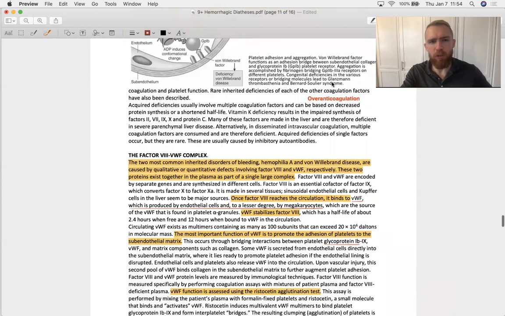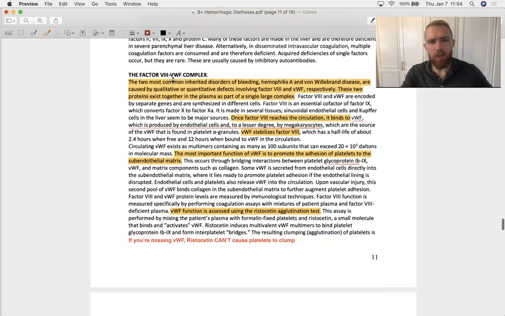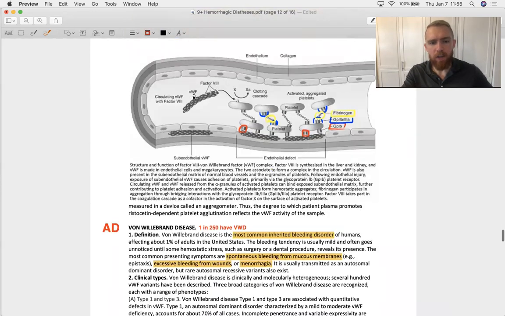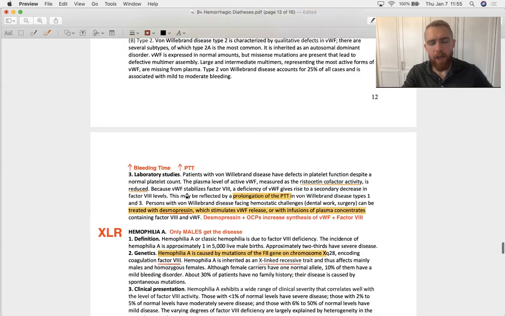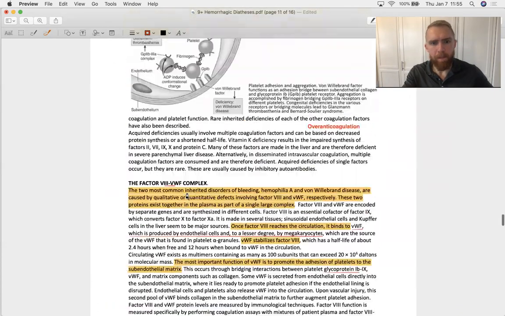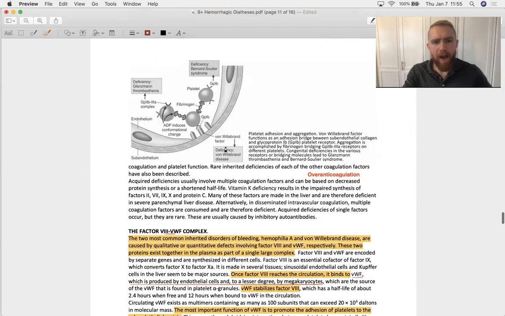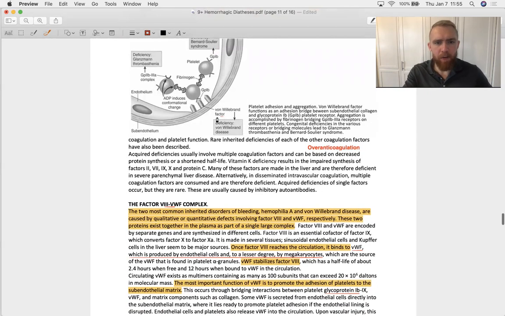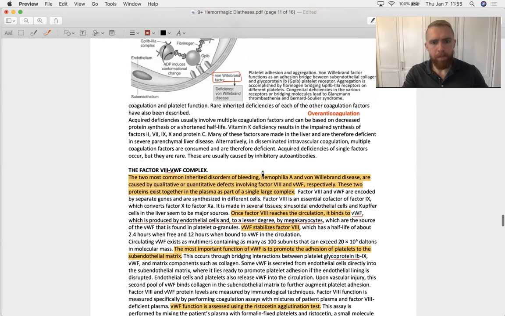SDL here doesn't talk about too much, goes into von Willebrand factor, and then talks about hemophilia A and B. So von Willebrand factor, we said, is produced by endothelial cells and by platelets, and it's kind of an adapter that attaches platelets to damaged endothelium.